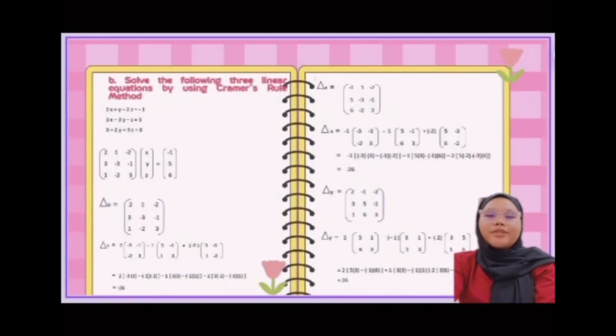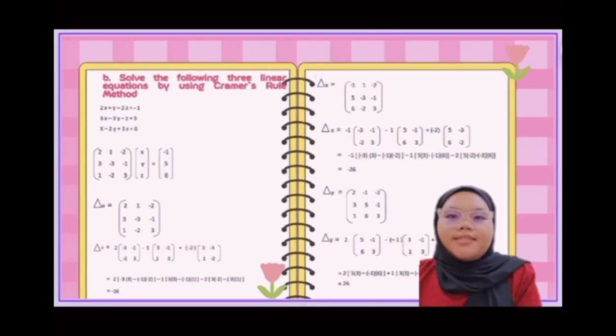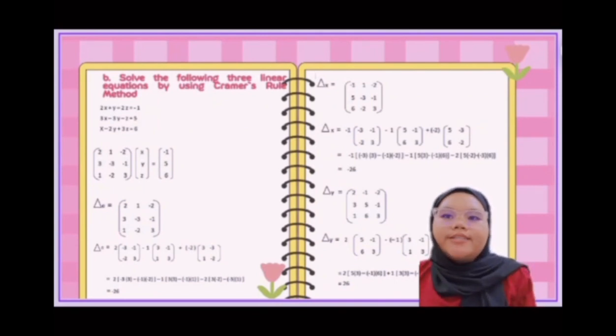Here I want to explain section B. The question is, solve the following 3 linear equations by using Cramer's rule method. Here we are provided 3 matrix equations. If we want to solve it, we must continue with the second and third elements and repeat the steps I explained earlier.